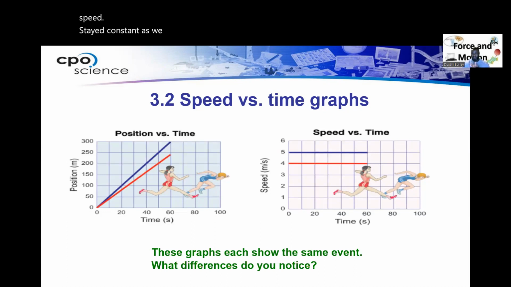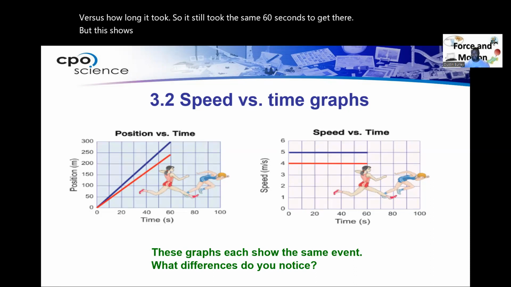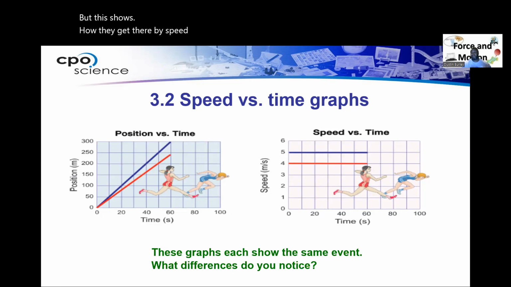That's why it was a straight line. So it still took the same 60 seconds to get there, but this shows how they got there by speed and where they started versus their position.